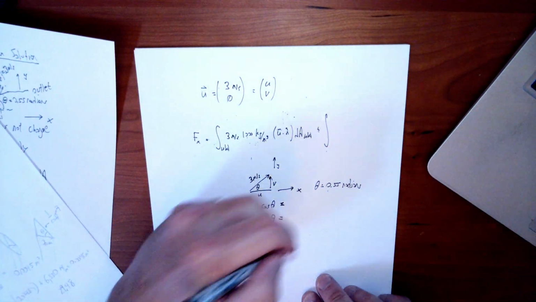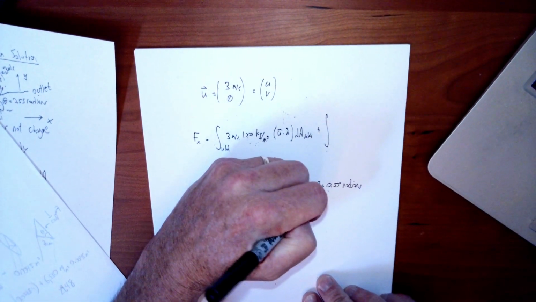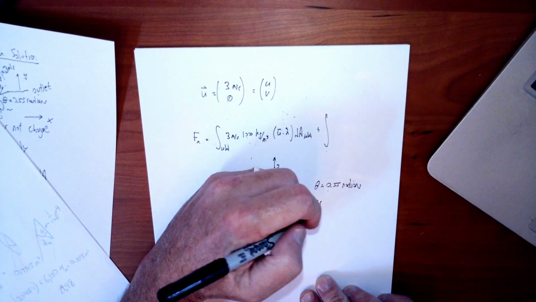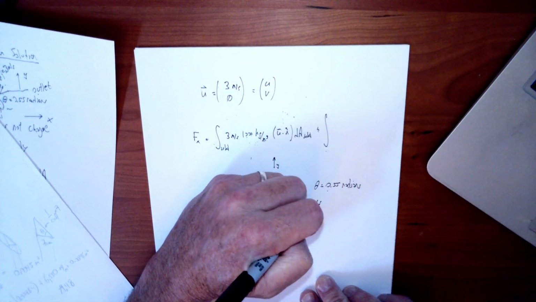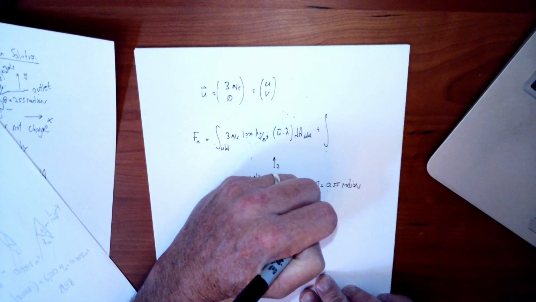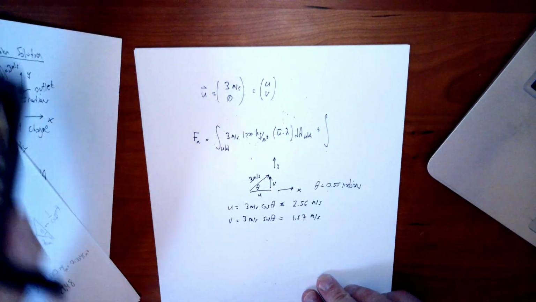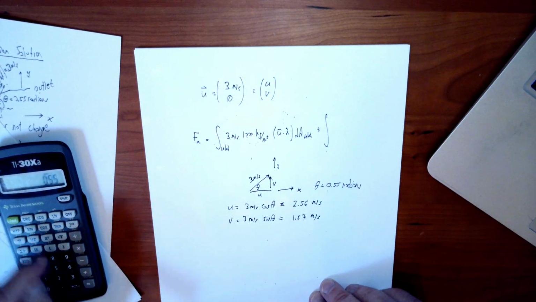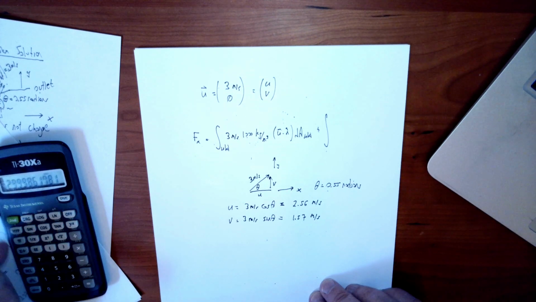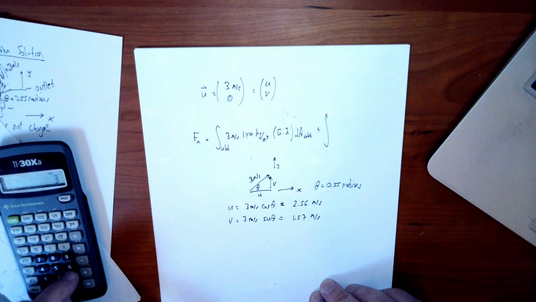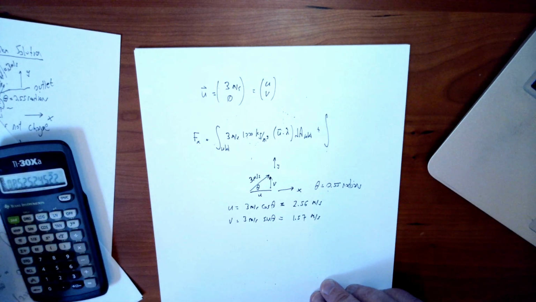So that comes out to be 2.56 meters per second for the little u and 1.57, I'll use 3 sig figs, meters per second for the little v. So I'm just going to double check that here on my calculator. I got 3 times 0.55 cos is equal to, and I have it in degrees, so do it again. 3 times 0.55 cos.